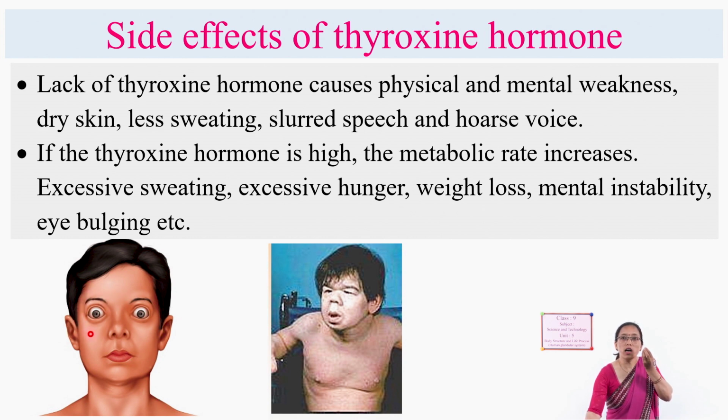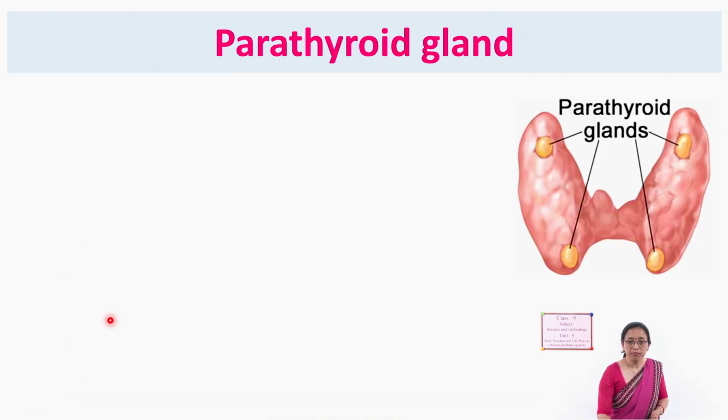Actually our eyes are inside the optical cavity, but if there is an excessive amount of thyroxine in our body, it seems like our eyes are bulging out. Okay, in this way there are various effects of thyroxine hormone. That means there are many effects we can see if there is an imbalance in the thyroxine hormone.